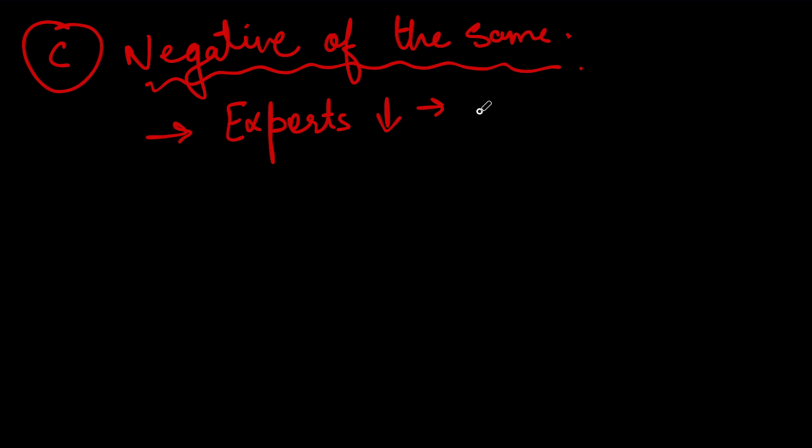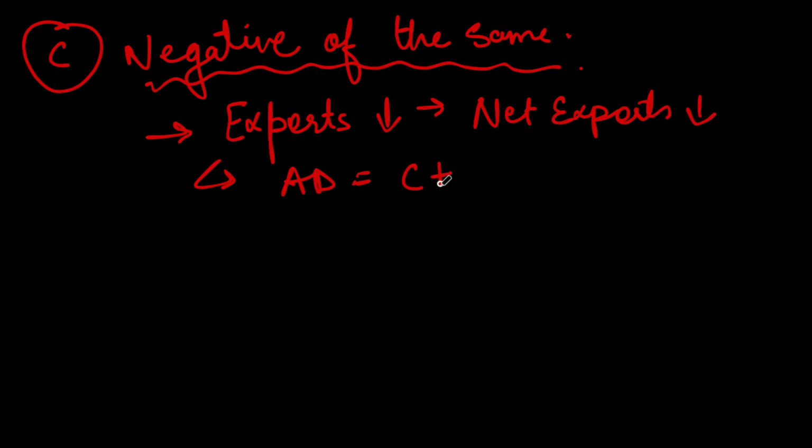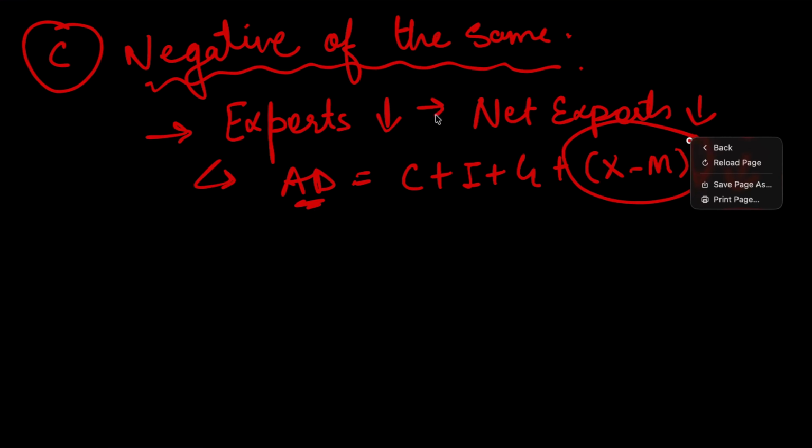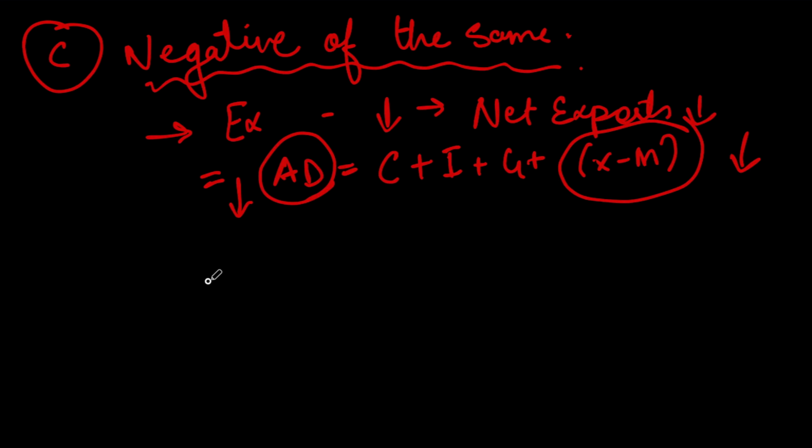When exports decline, our net exports will decline. And you know, net exports is a component of AD, wherein we take consumption, investment, government spending, and whatever is exports minus imports, which is net exports. All of these are the components of aggregate demand. So because net exports have decreased, this will directly impact AD, which will also decline.